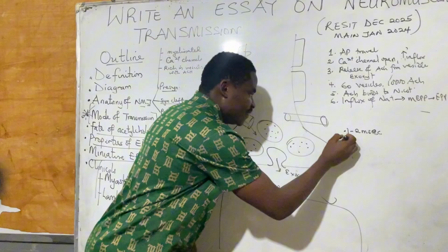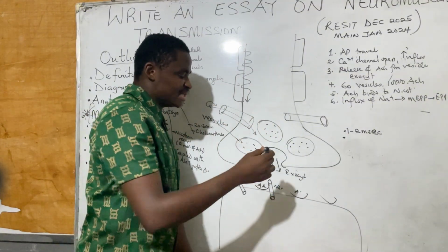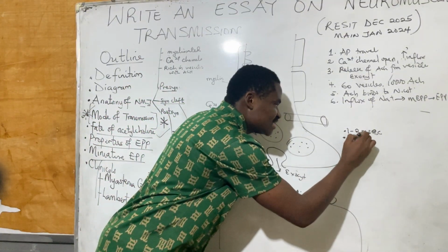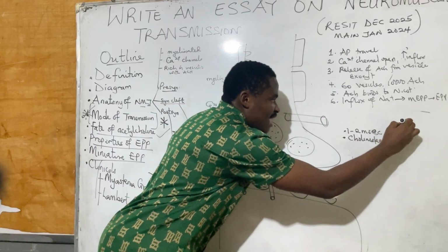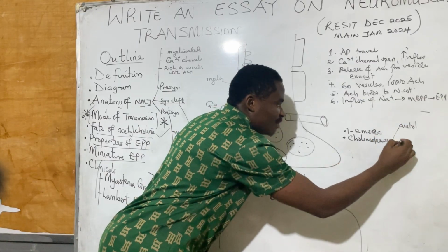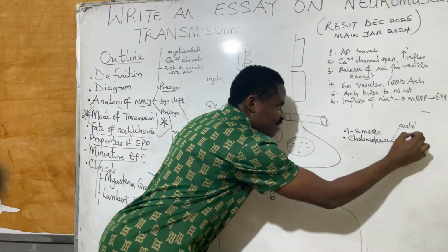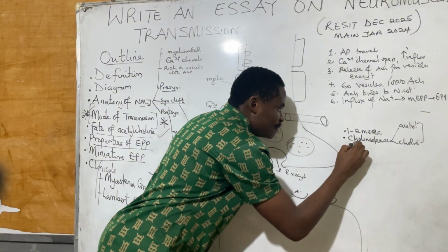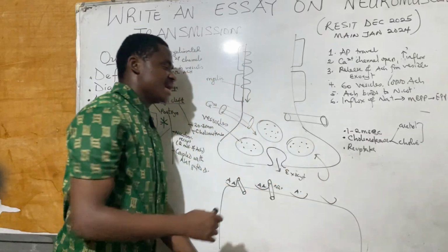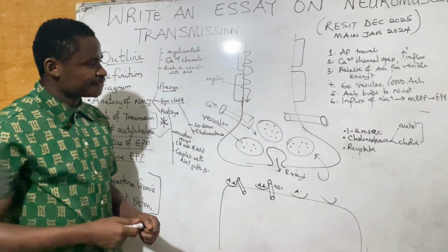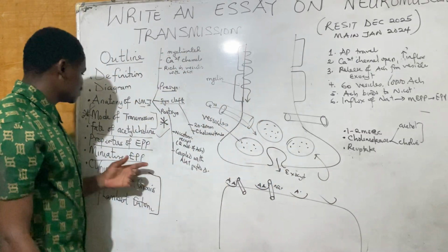Then number two is that acetylcholine must be broken down by an enzyme called cholinesterase. So cholinesterase breaks it down into two things, acetyl unit and choline. And then you are going to say that these two are going to be reuptaken back here like this, and then you reuse them again.